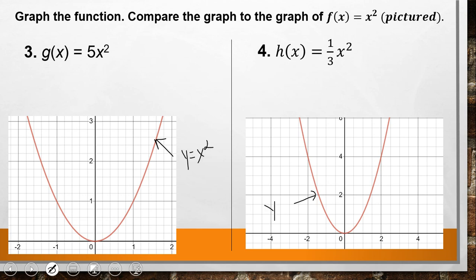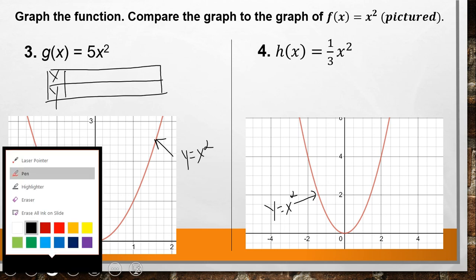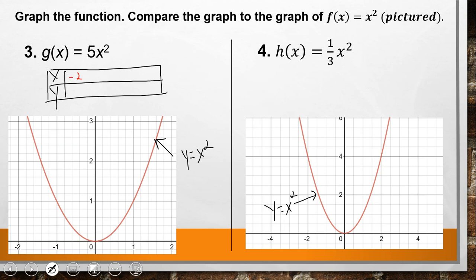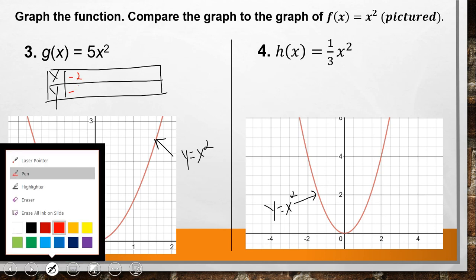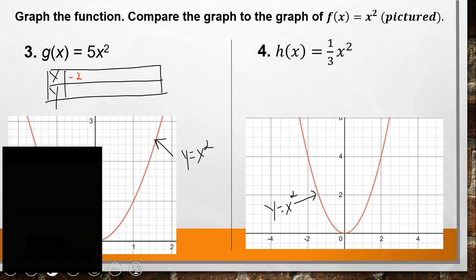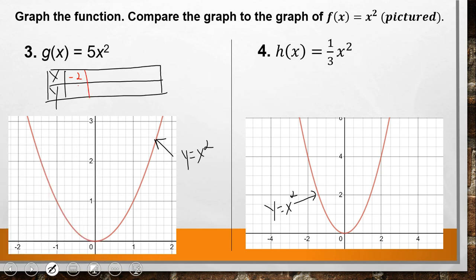You're asked to graph these. The easiest way to graph is to make a table with x and y values. And again, it's a good idea to pick some negatives and some positives when you're doing this.